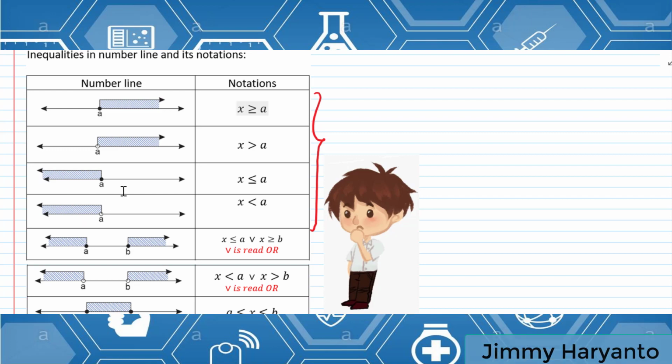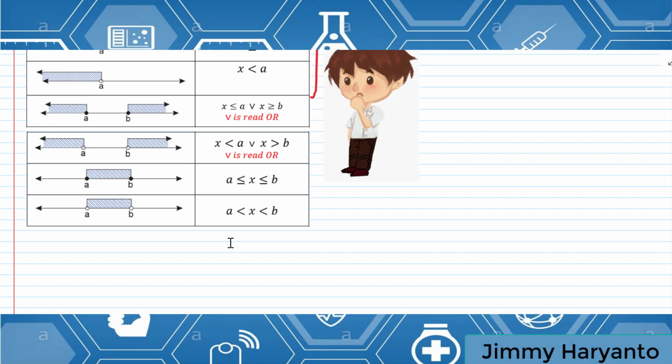Okay, we will learn 4 more notations in high school. The first is the shading to the left side, and the shading is also to the right side. We read it x less than, because the dot is colored, we read x less than or equal to a.